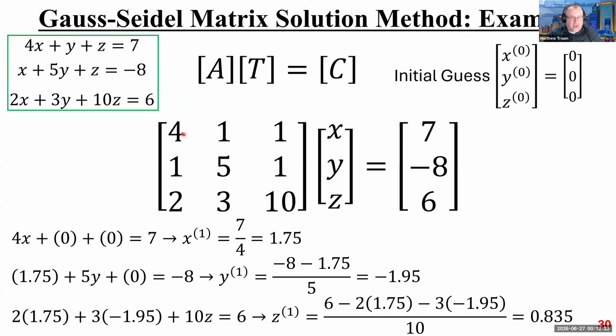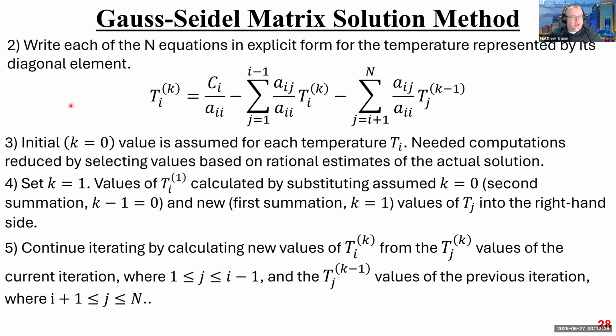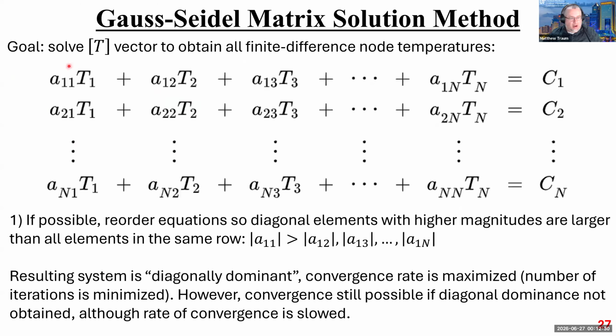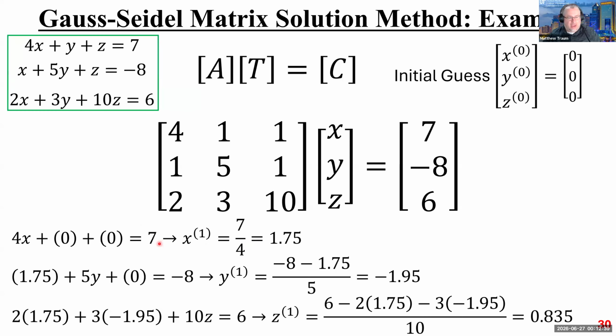Okay, notice that this matrix is already in this reordered form where the diagonals are the highest numbers, right? The highest number in this row is 4. This is the diagonal, so that's good. The highest number in this row is 5. That's the diagonal, so that's good.